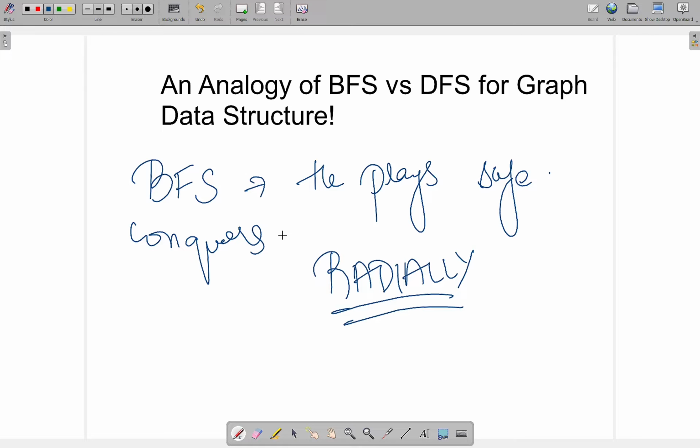That is, okay, so he has one area, then he'll conquer all the nearby area that are present in 1 distance apart. Okay, then he conquers all the area that are 2 distance apart. Okay, so he's kind of expanding his area radially. So that is about BFS.